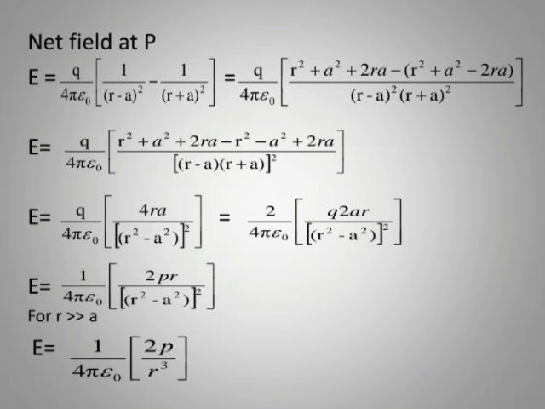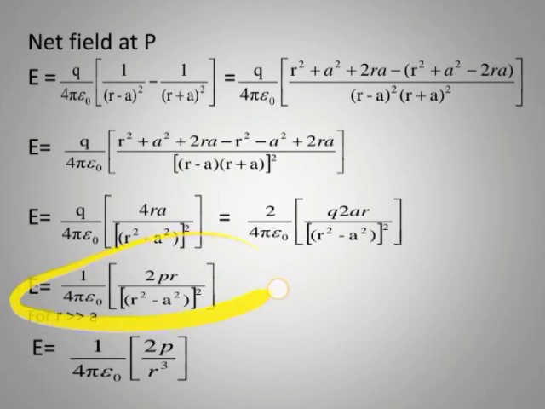So now you have got 2pr. So 1 divided by 4 pi epsilon naught, 2pr divided by (r square minus a square) the whole square.